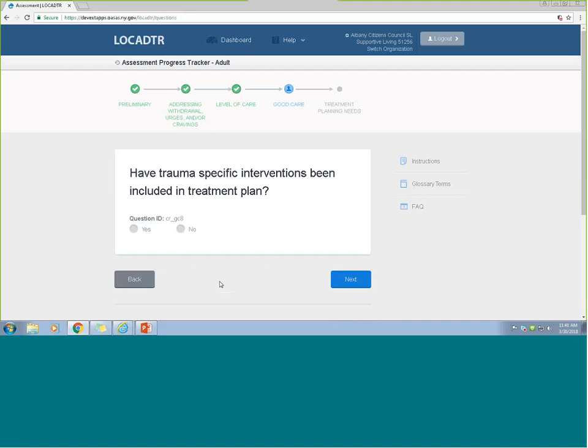So we ask, has a trauma-specific intervention been included in the treatment plan? And we'll say yes to this as well. Lots of programs have implemented evidence-based practices that exist to help people build skills. That would be especially true in this level of care, because remember that how somebody would have gotten here is that they're having difficulties functioning in their role, or having interpersonal issues, or conforming to rules. Trauma often is a factor in how somebody responds to these things.